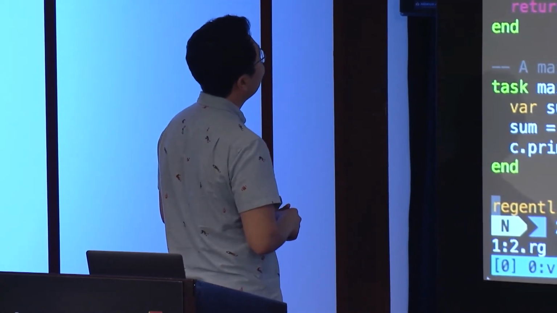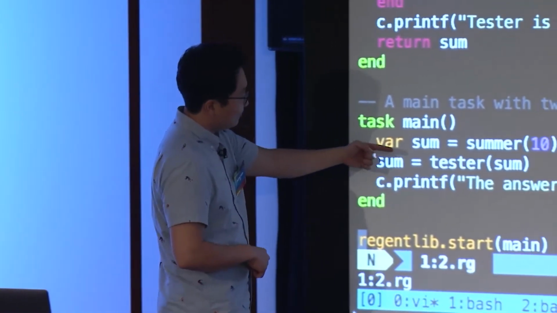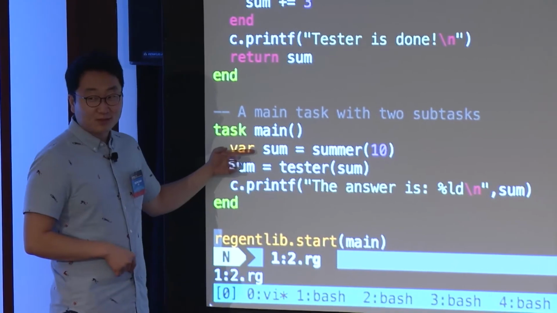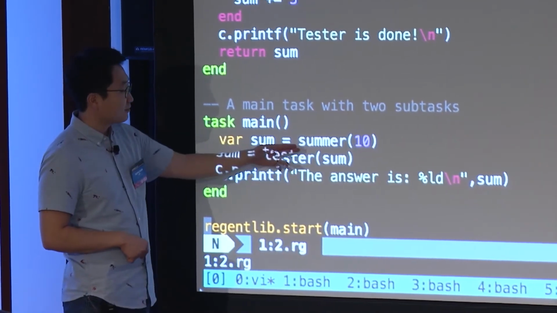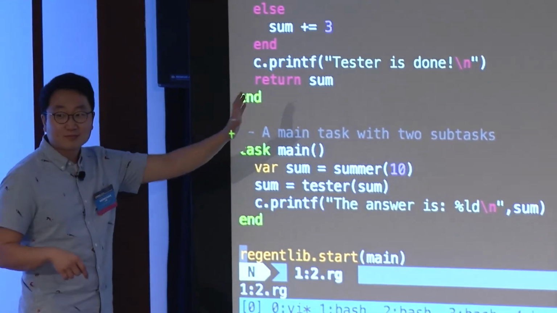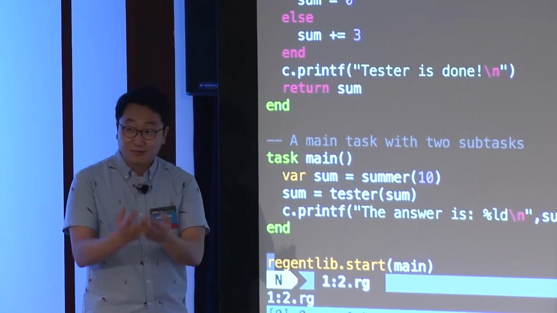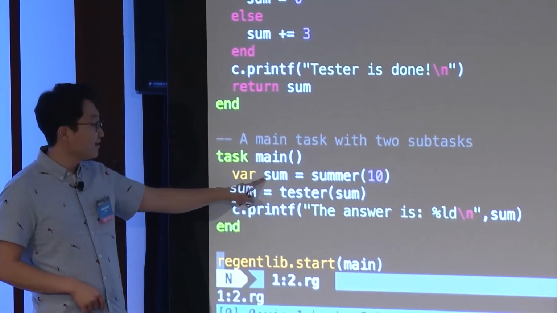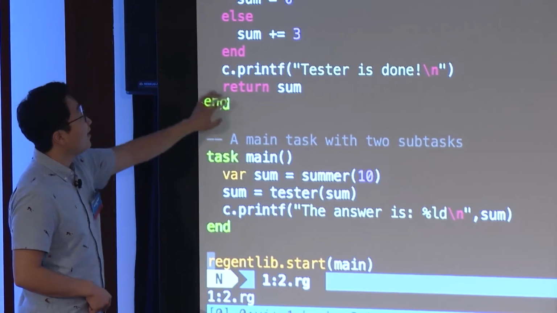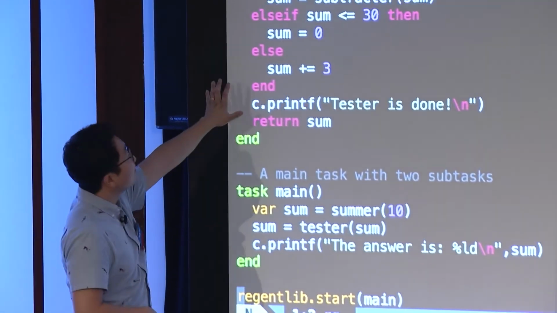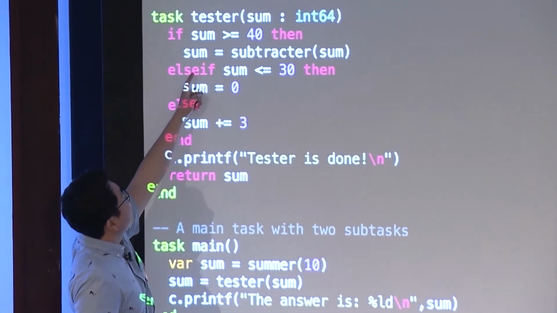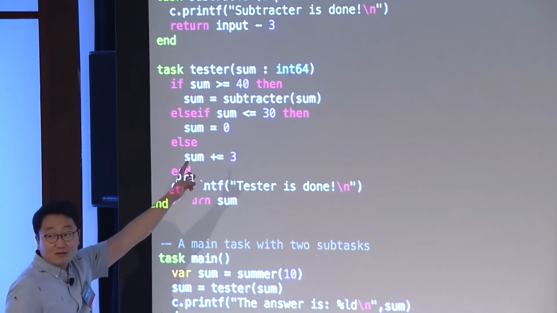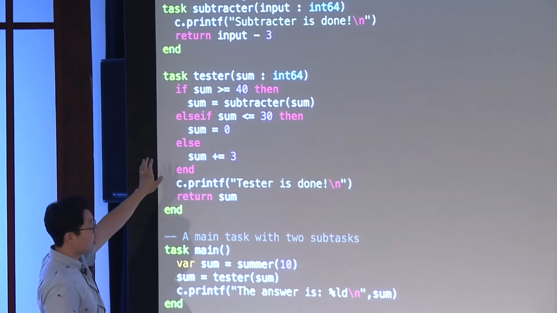Okay, so this is a bit interesting. The main task will launch a summer, and because the summer does not launch any other task, it will return a value and push it to the sum, and it will pass to the tester. What the tester does is check whether the value is greater than 40, and it is.